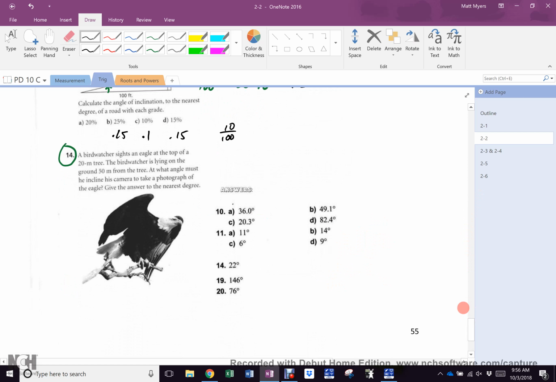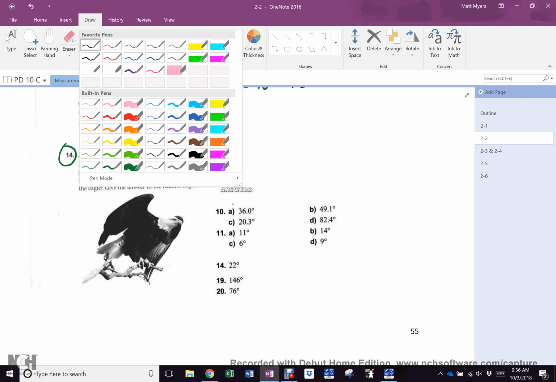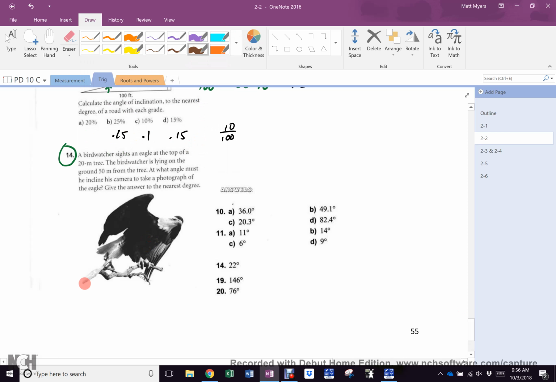A bird watcher sights an eagle at the top of a 20-meter tree. I gave you the picture of the eagle to help you. That picture of the eagle is at the top of a 20-meter tree, right? Well, there's the tree. How tall is it? 20. The bird watcher, who is purple, I don't know why. Why are you being harassed?